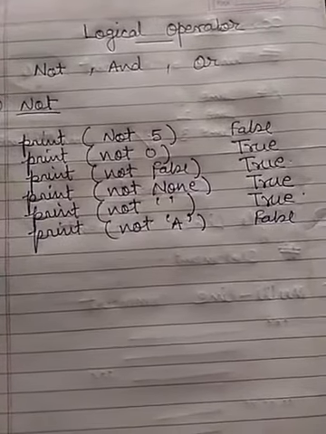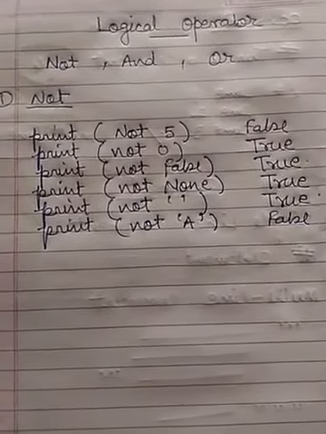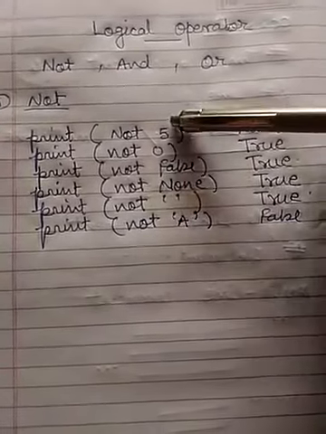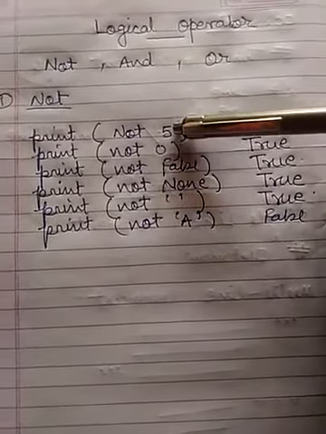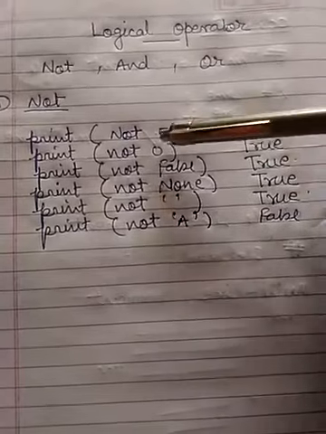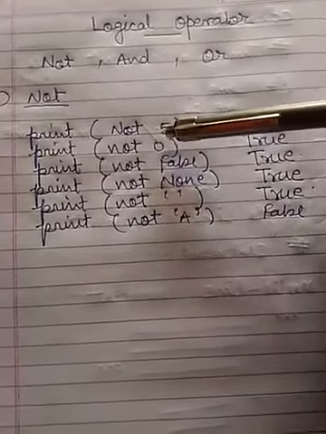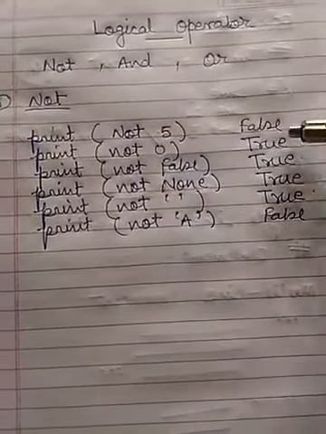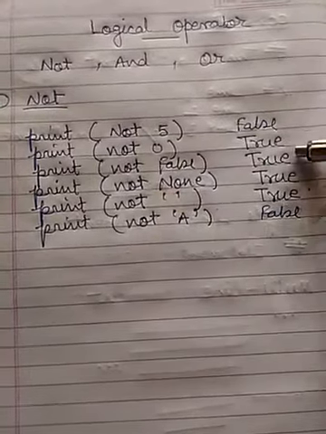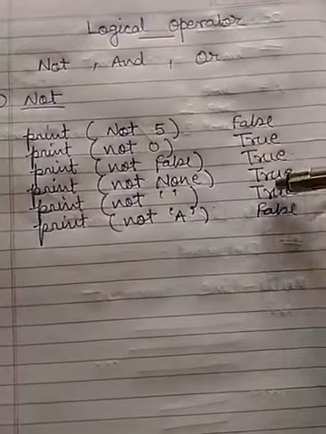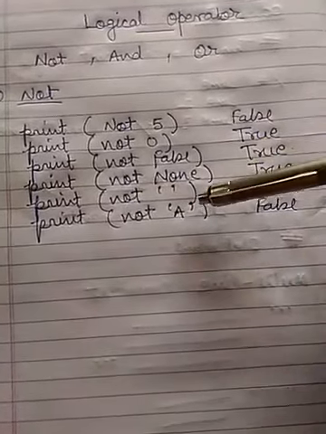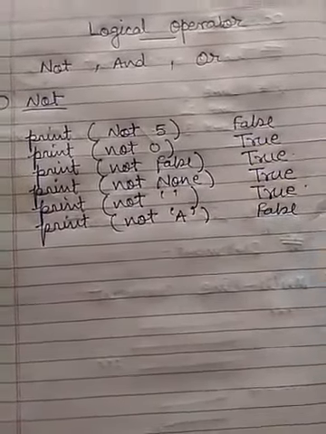Means not of true is false and not of false is true. 5, other than 0, any number is considered as true, so not of true is false. 0 is considered as false, so not of false is true. Not of none is true. Not of blank is true. Not of A is false.